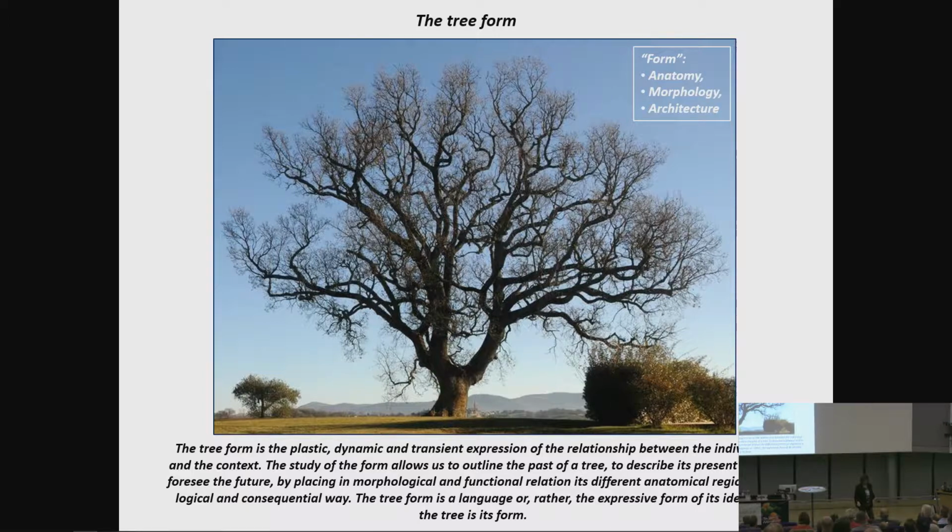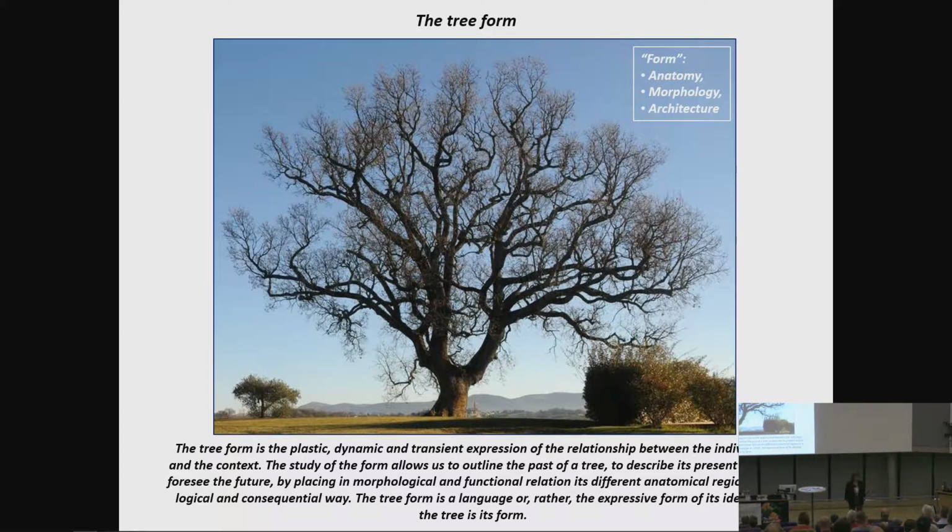The study of the form allows us to outline the past of a tree, to describe its present, and to foresee the future by placing in morphological and functional relation its different anatomical regions in a logical and consequential way. So the tree form is a language, or rather, the expressive form of its identity. So the tree is its form, and this is the basic of the presentation, actually.